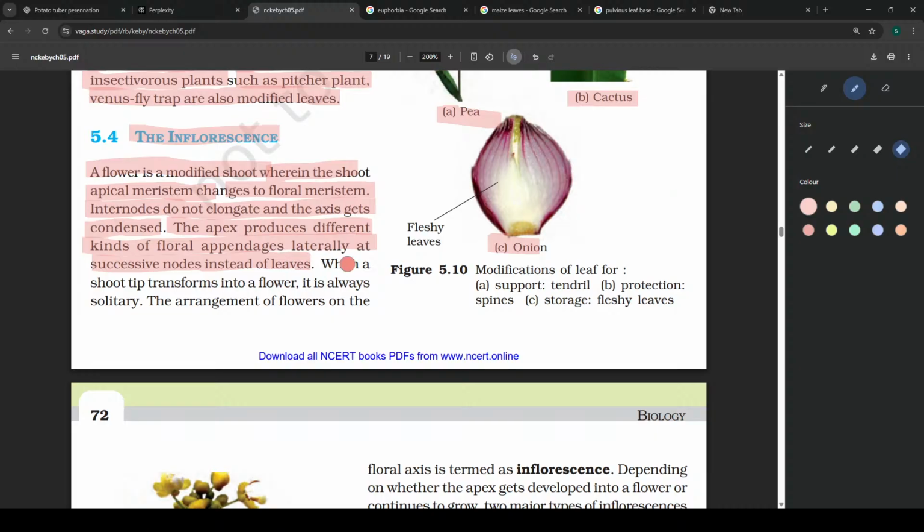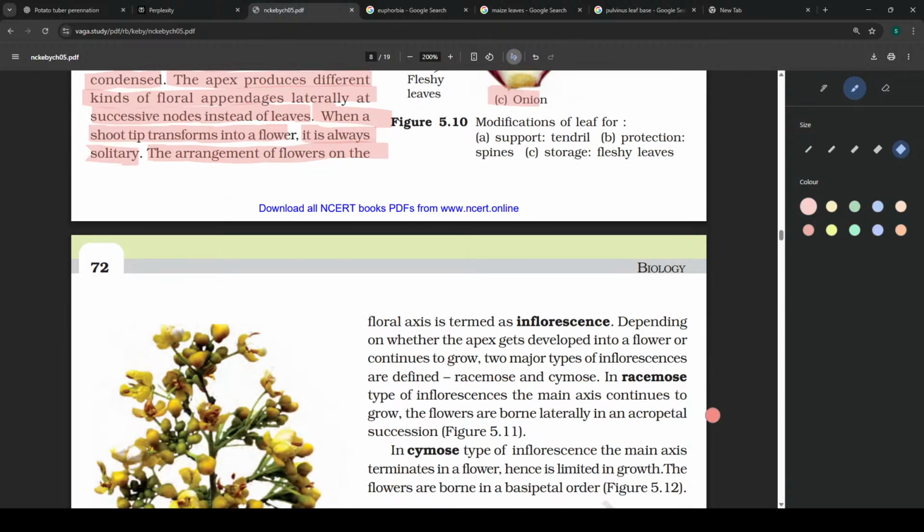When a shoot tip transforms into a flower, it is always solitary. The arrangement of flowers on the floral axis is termed as an inflorescence.